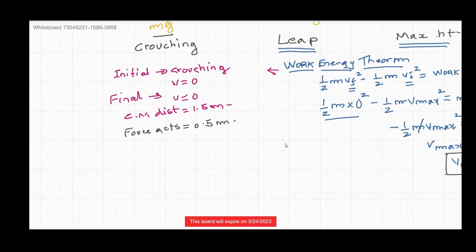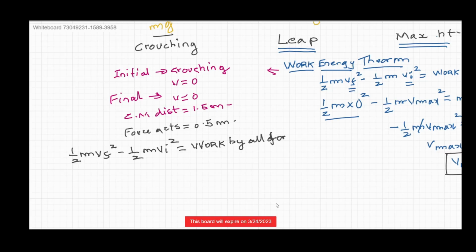Half m v final square minus half m v initial square will be equal to, since there are two forces involved, the work done by all forces. And which are the forces? The forces involved are F and mg. So you have to account for the work done by both the forces.